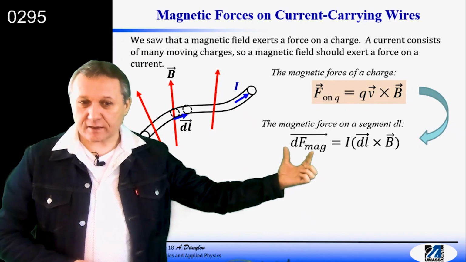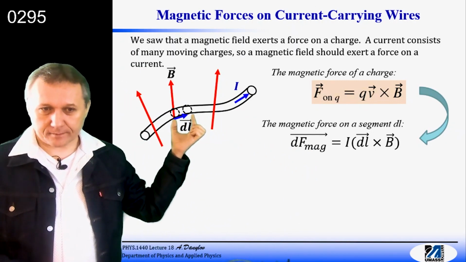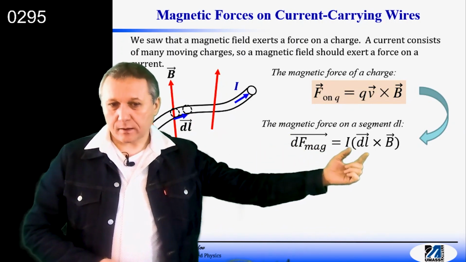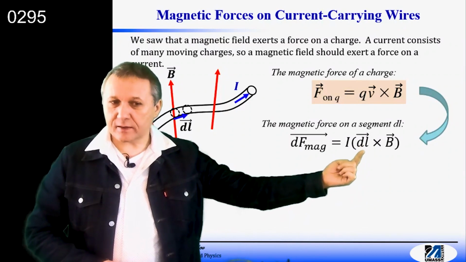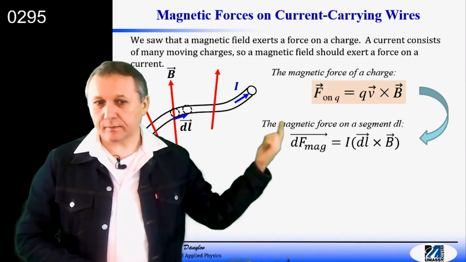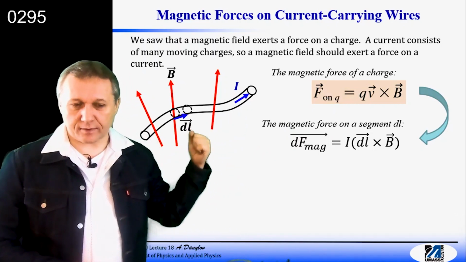So now that's the force acting on this small section of the wire, equals the value of the current, then dl, and you see dl is a vector. What determines the direction of this vector dl? Current determines the direction of this vector dl.